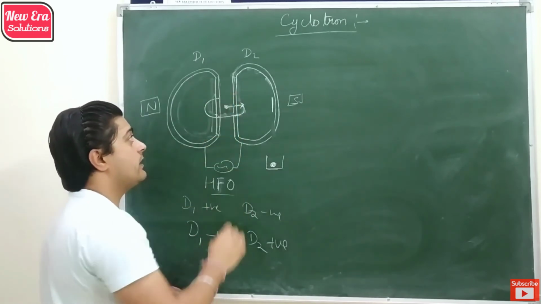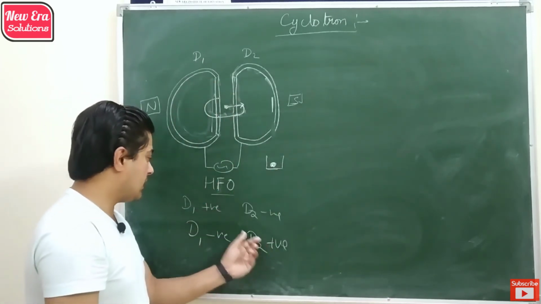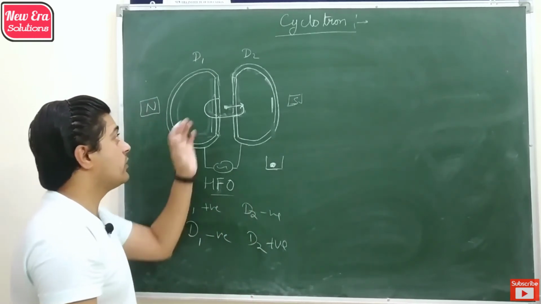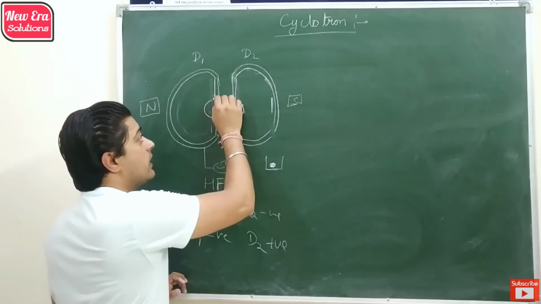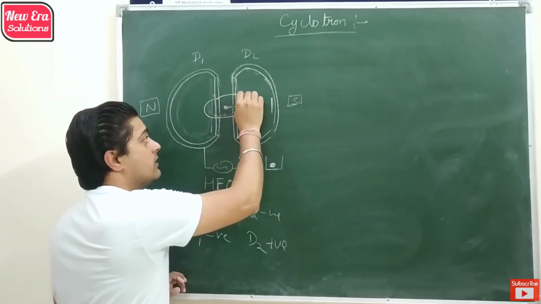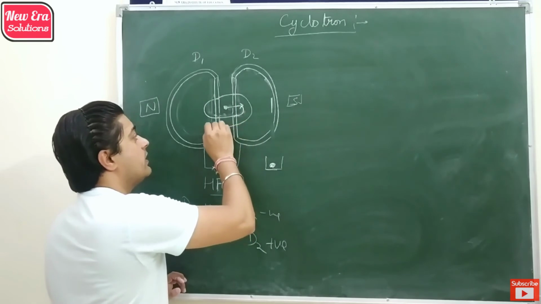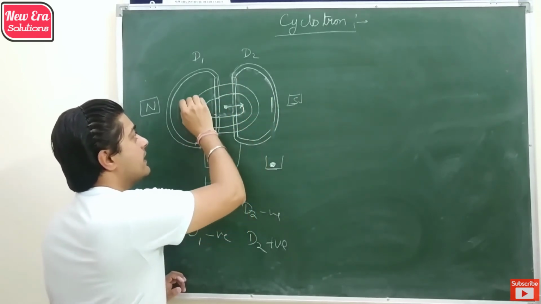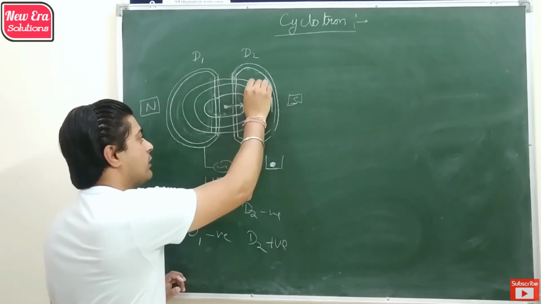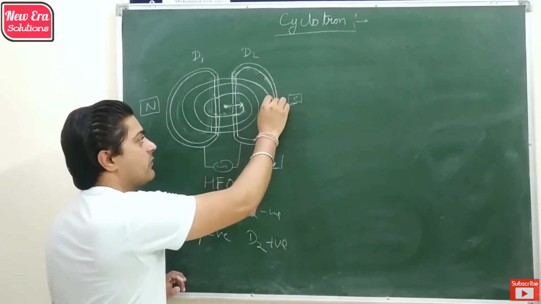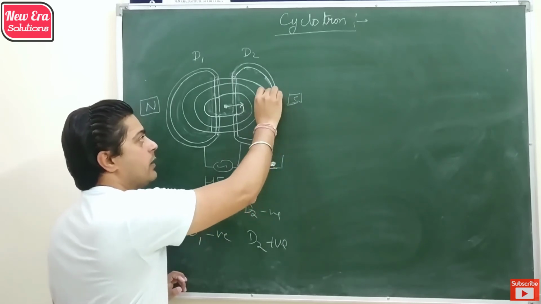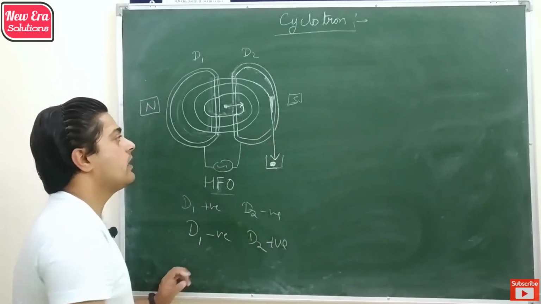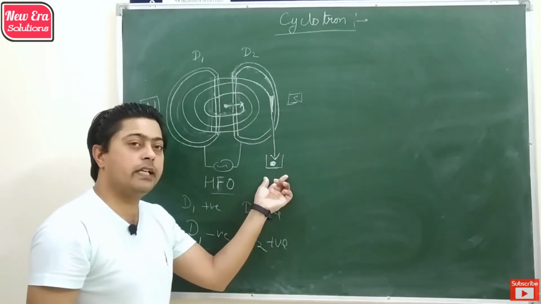When it again enters the gap, the terminal polarities of D1 and D2 are changed, and due to acceleration it moves again in a bigger circle. This process continues till the charge gains very high energy, and at a particular point of time it is deflected by a deflector present in the D, and it hits the target by emerging out from D2.